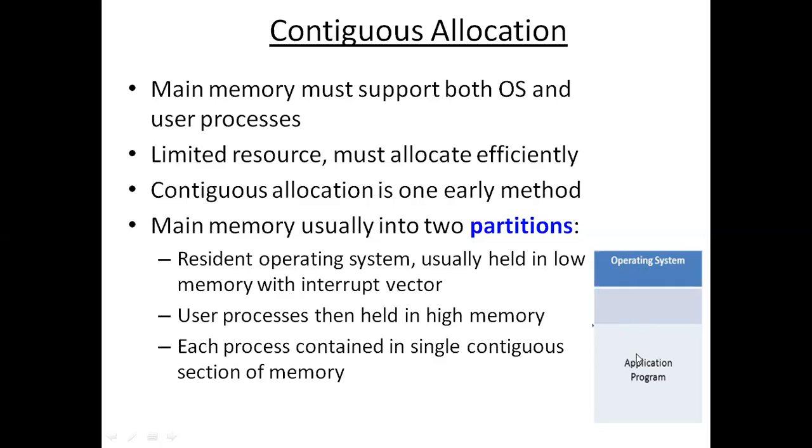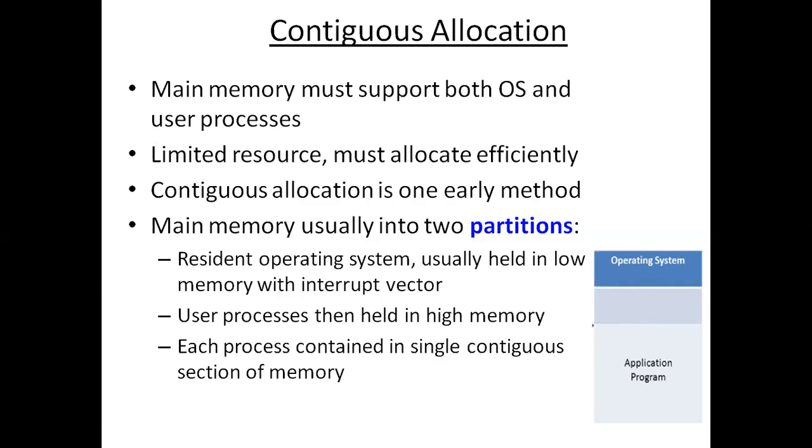And then we have all the application programs, that's the user programs that have to be executed by the CPU, being below it. Okay, so all these processes would be the user programs. Now, when I say a user program is residing in the main memory, how is it being placed? Is it placed in the contiguous way?